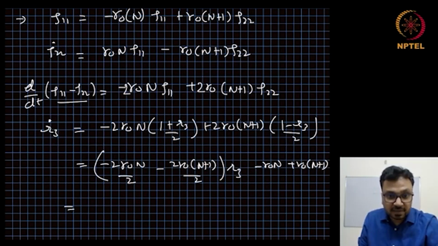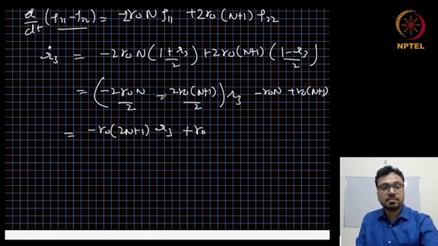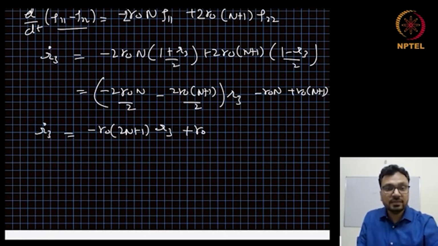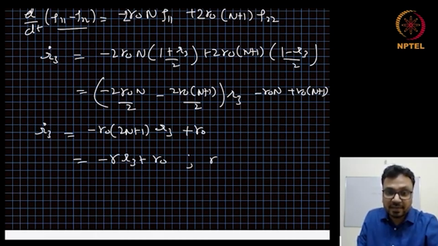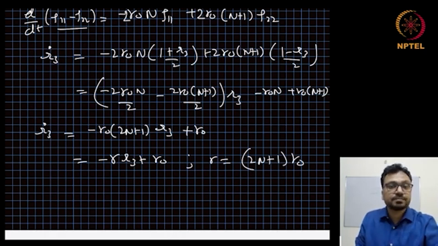From here we get minus gamma naught (2n plus 1) R3 plus gamma naught. So R3 dot can be written as minus gamma naught (2n plus 1) R3 plus gamma naught, or we can write minus gamma R3 plus gamma naught, where gamma is (2n plus 1) gamma naught.